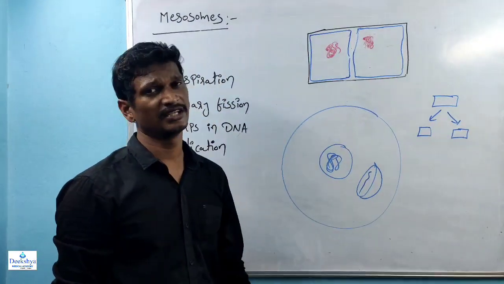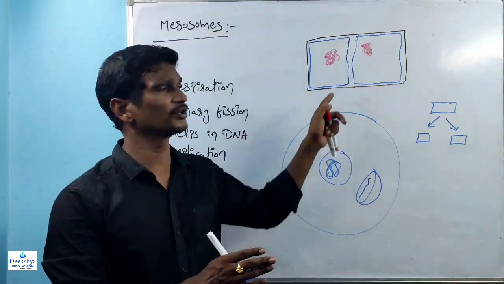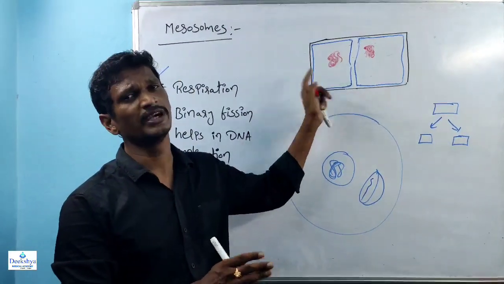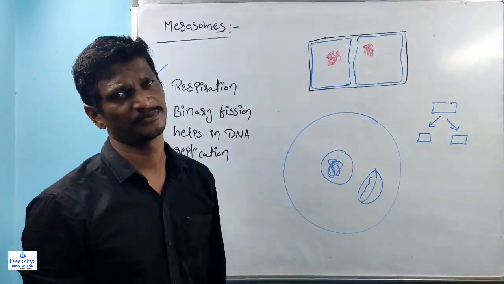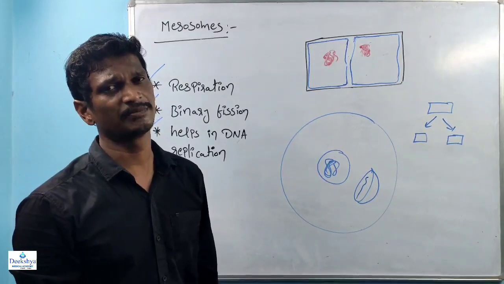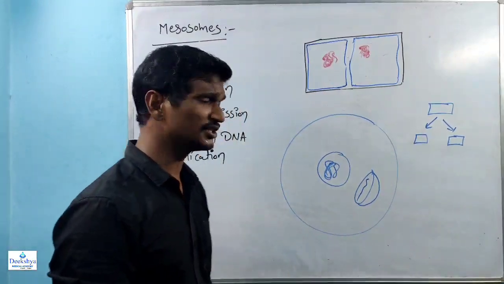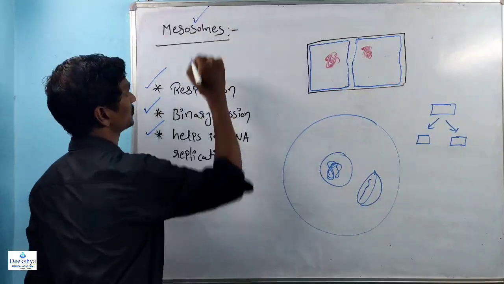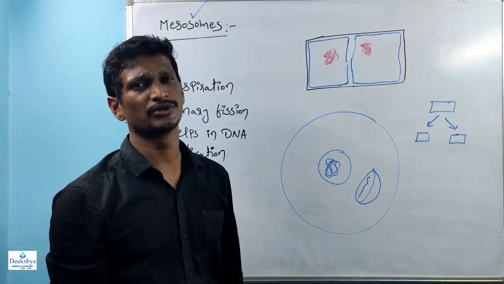In a bacteria cell, energy is also available in the form of ATP. So in a bacteria cell, how is ATP synthesized? In a bacteria cell, ATP synthesis is done by mesosomes.